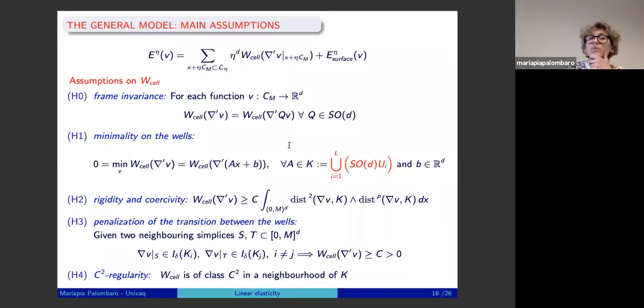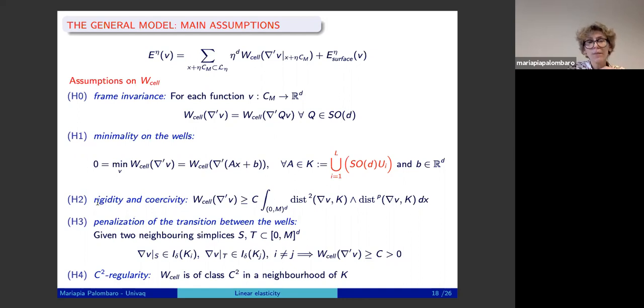What are the assumptions that we require on W cell? This is the list of our assumptions. We assume that W cell is frame invariant, so the energy does not depend on rotations of the system. We assume that W cell is minimized on the union of several wells. So we have L wells. W cell is zero if and only if the deformation is an affine map with gradient that belongs to K, and K is the union of L wells. L can be an arbitrary number, and there is no assumption on the matrices U_i.